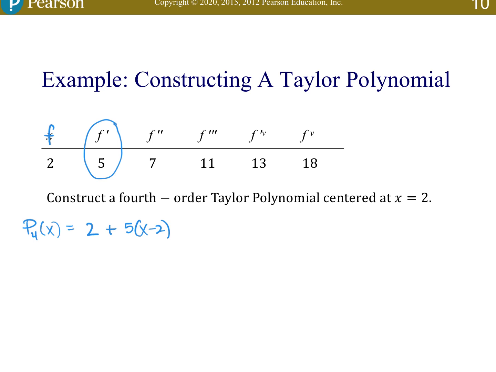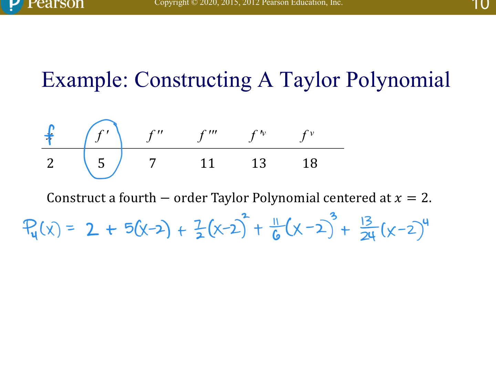Christian. Plus 7 over 2 times x minus 2 squared. Okay, passing. Plus 11 over 3 factorial, which is 11 over 6, times x minus 2 to the third. Okay. Passing. Julia. 15 over 24 times x minus 2 to the fourth. Good. Great.